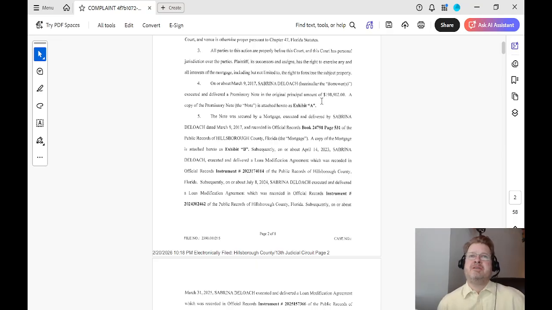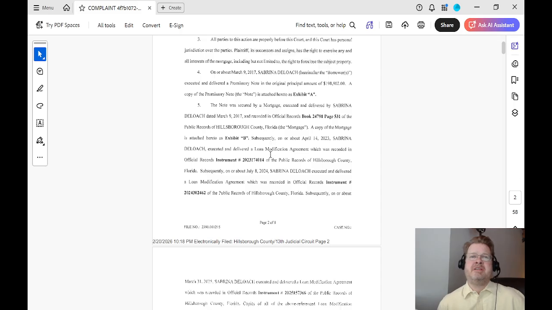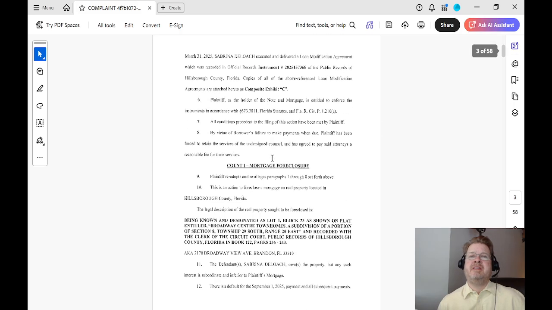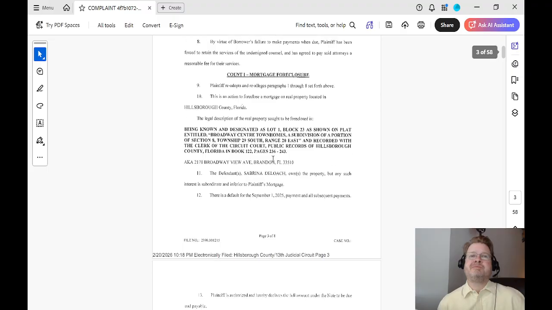The initial promissory note was a principal amount of $198,902. So this property, after what is this, 9 years of this loan being in effect, hasn't been paid down at all. In fact, the amount owed increases. Can you just explain briefly why that happened in this case?